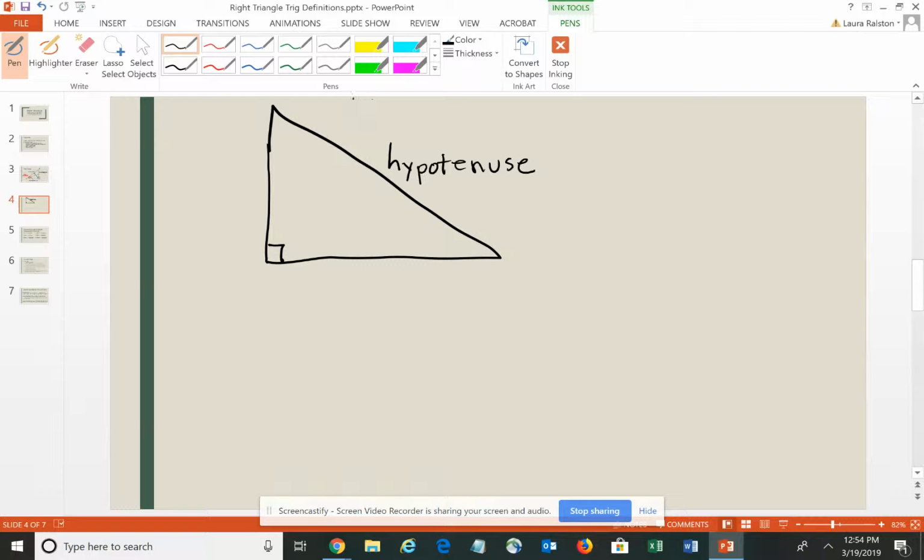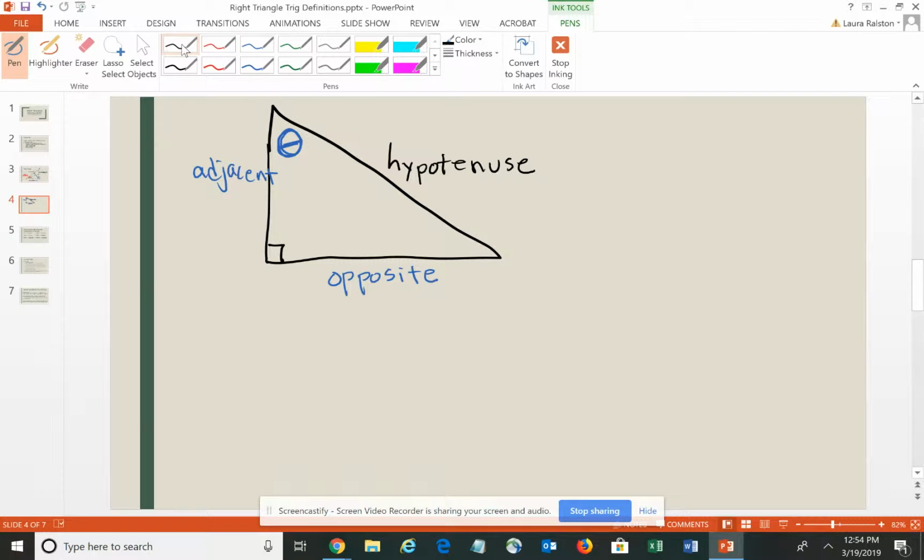If I'm interested in angle theta, the side opposite or across from theta is this one, and adjacent is the one next door. The orientation doesn't matter, but you have to pay attention.